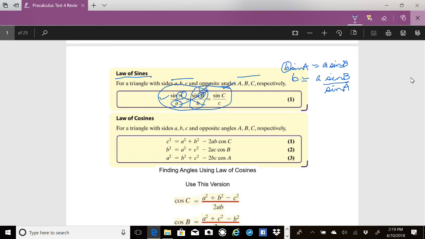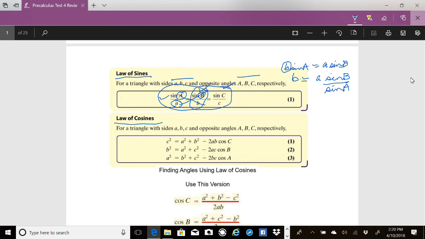The next thing we're going to be using is the law of cosines, and this is a special equation that corrects, I would say, the Pythagorean theorem, if you have a triangle and one of the angles is not 90 degrees, not a right triangle.